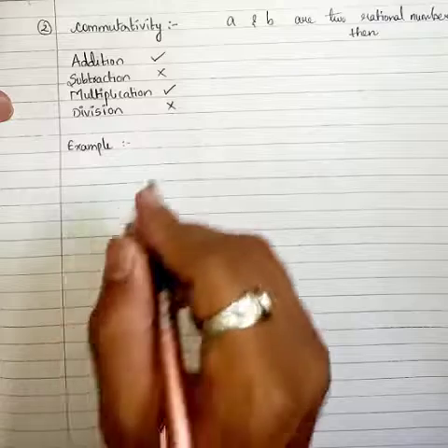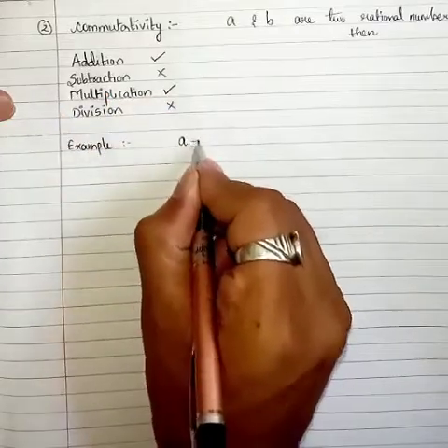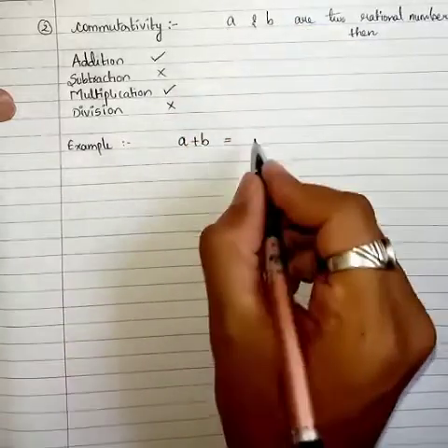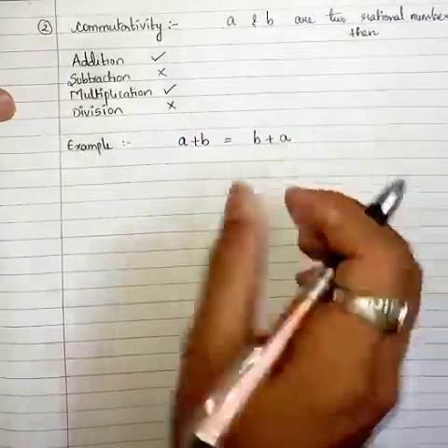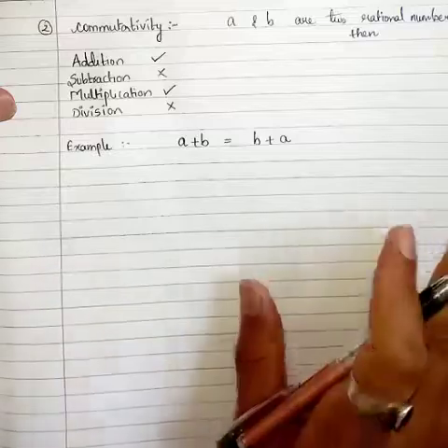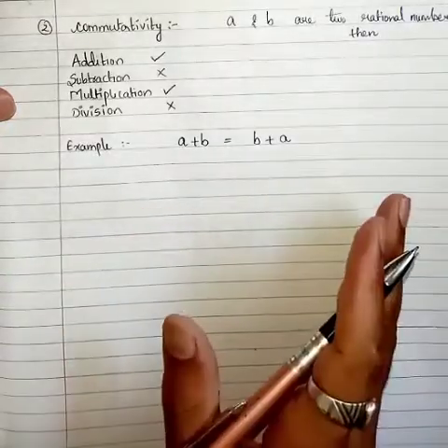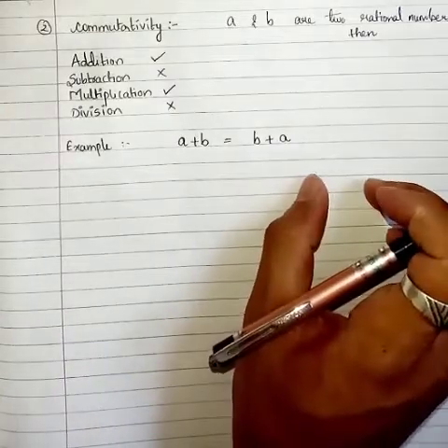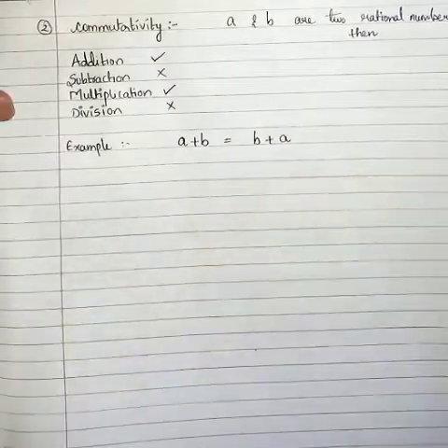That means for addition, A plus B or B plus A, the value which I get should not change. That means the result should be the same. Then we can say that the two rational numbers are following commutativity, right?